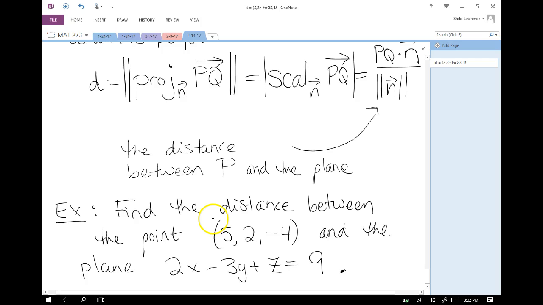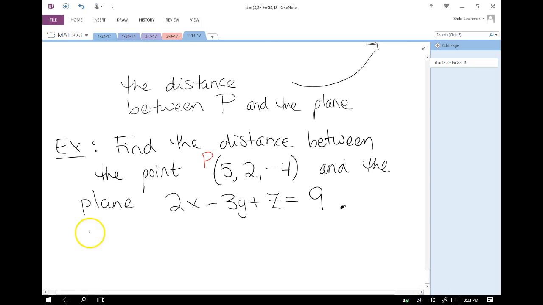So this is P. What they gave me is P. It's a point off the plane. We need to find a point on the plane, and we also need to identify the normal vector. Those are the three main pieces we need to do this problem. What is the normal vector?